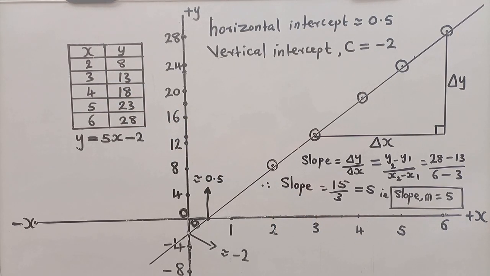Does it mean that if we fail to observe consistencies in tables, that table can no longer lead to an equation? No. Every table can lead to an equation as long as that table contains values obtained from real-life situations via experimentation. Again, the equation for this table is y is equal to 5x minus 2.